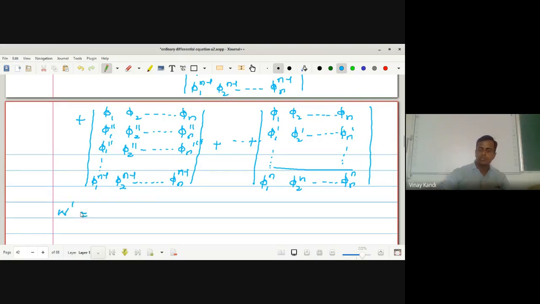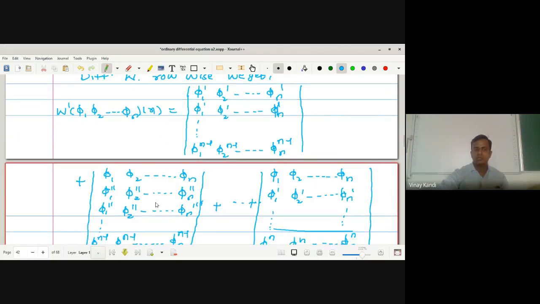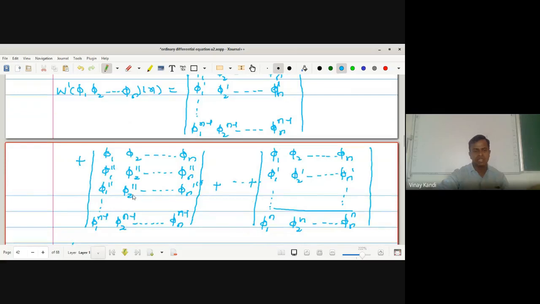Now in the first determinant, the first two rows are identical. Similarly, in the second determinant, the second and third rows are identical.